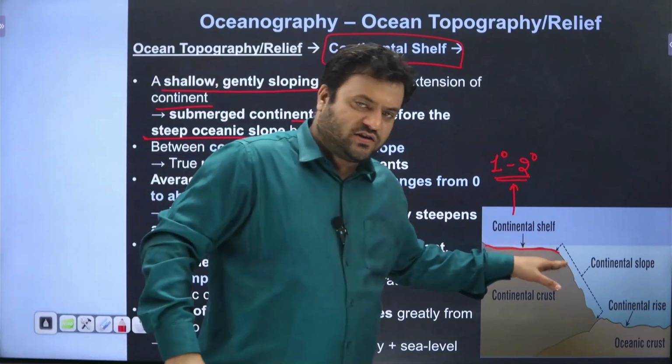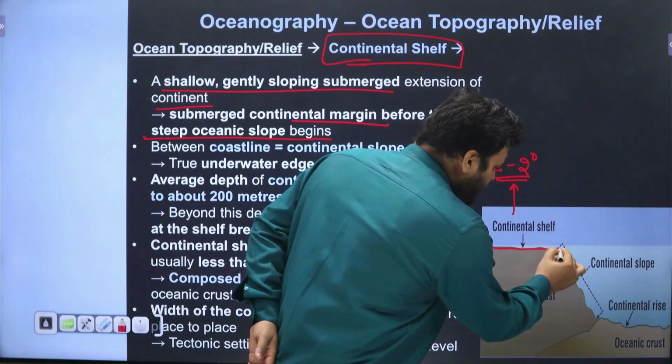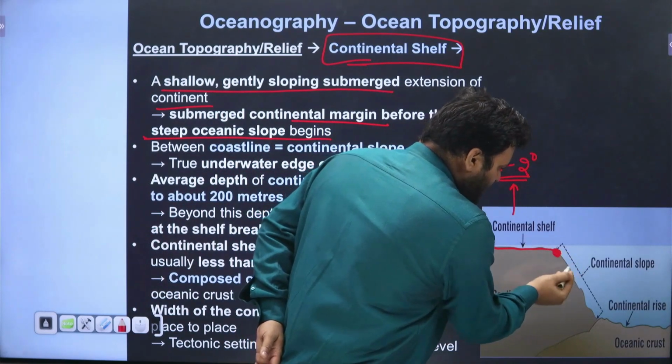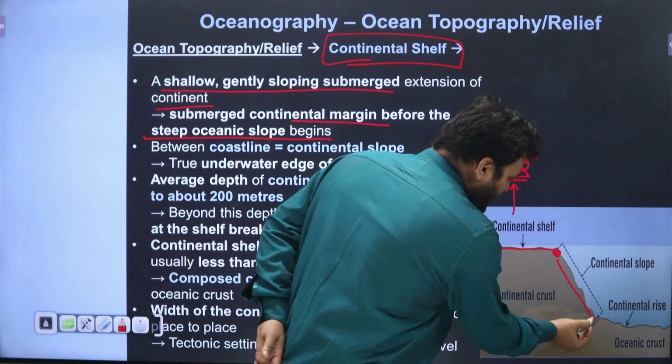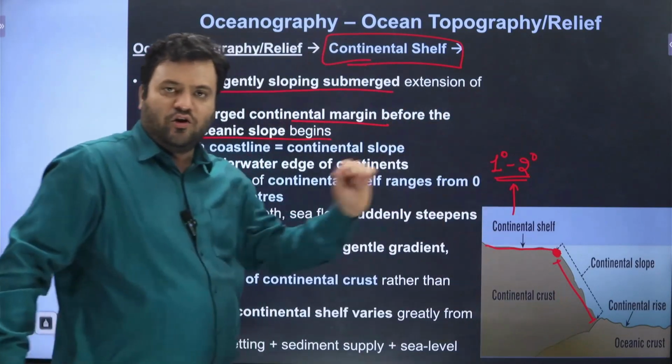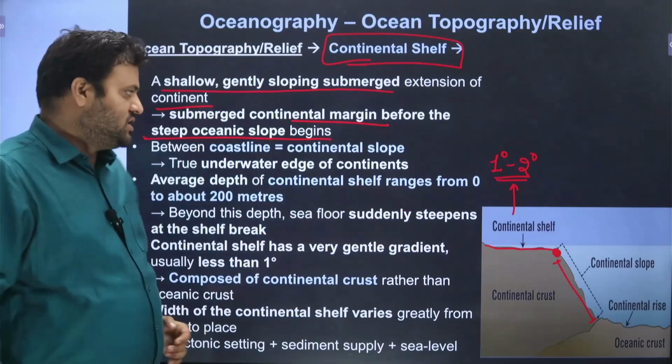Here you will see that we have a shelf break point. After the shelf break point, there will be a steeper slope which is known as the continental slope. However, we'll restrict ourselves to the continental shelf as of now.